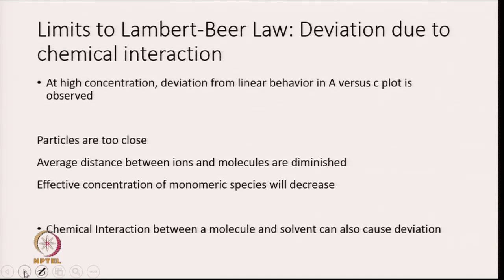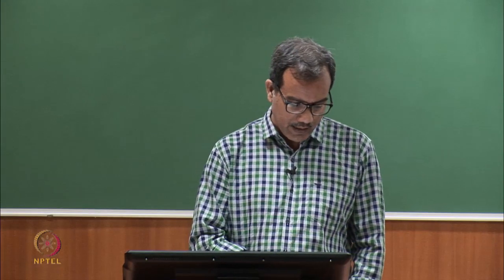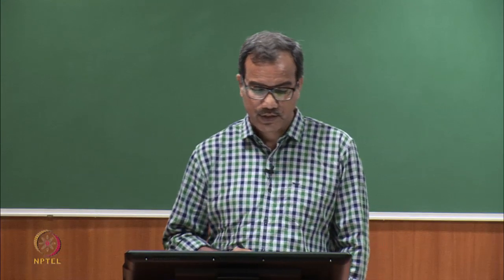And so, basically the effective concentration of monomeric species will decrease. The deviation can also happen because a molecule may interact with the solvent, and that can give you deviation.